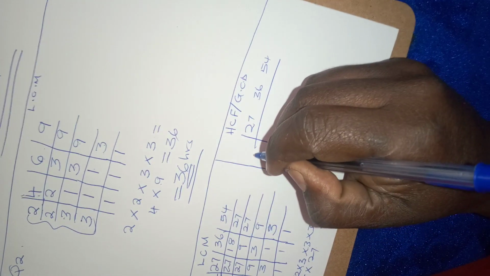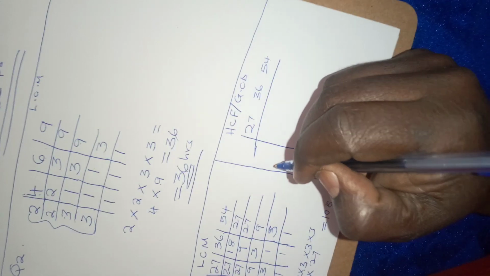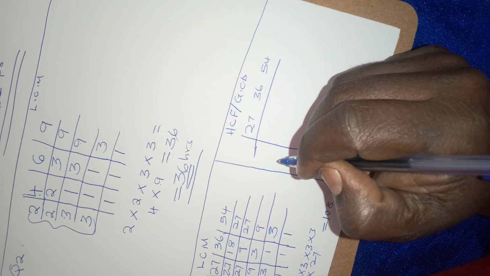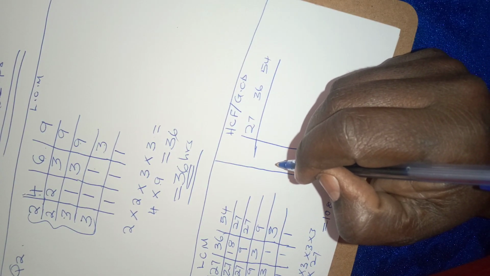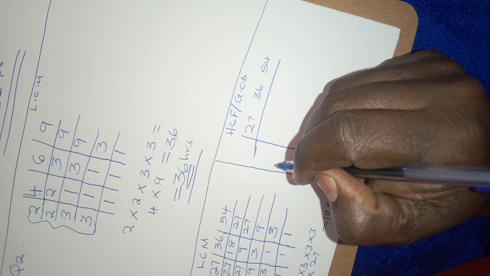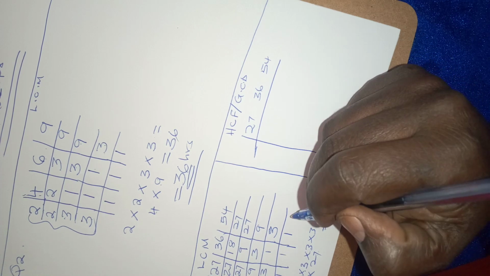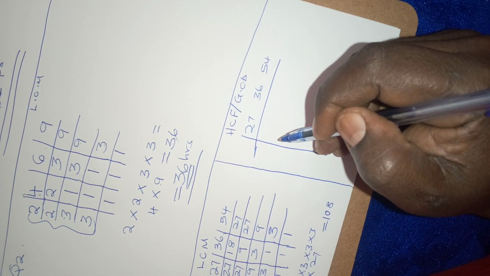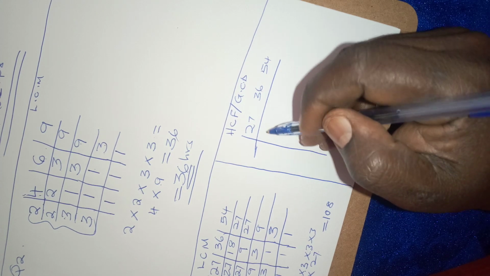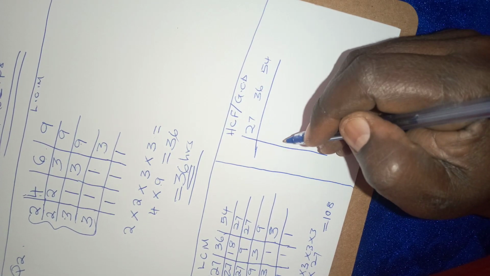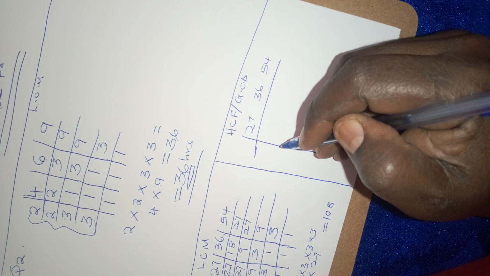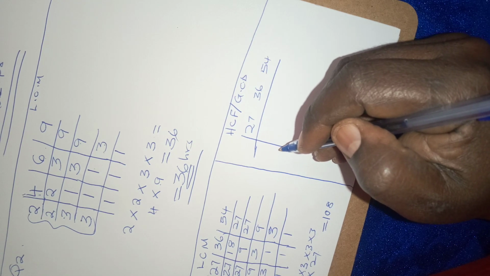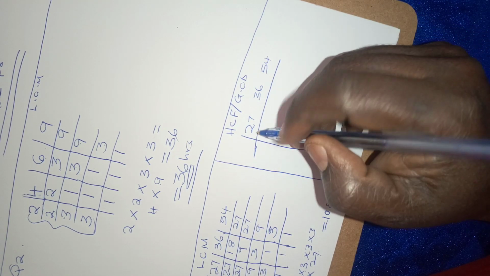The major difference between greatest common divisor and LCM is that with LCM, you must divide the numbers using the smallest prime numbers until you arrive at 1, just like we did. But with highest common factor, or the greatest common divisor, we are only concerned with that one prime number that can divide through all these numbers.